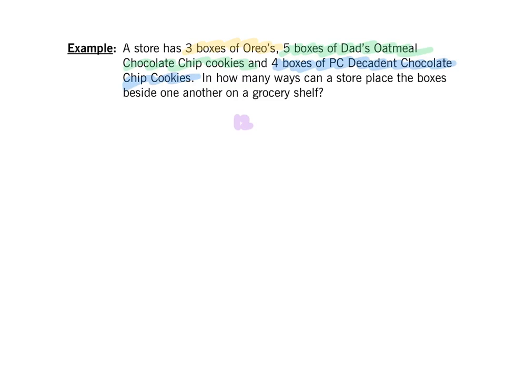So I'll switch to my pen here. And so it's going to be 12 factorial. And there's 3 boxes of Oreos, 5 boxes of oatmeal chocolate chip, and 4 boxes of PC Decadent. So we're going to figure out what 12 factorial is.